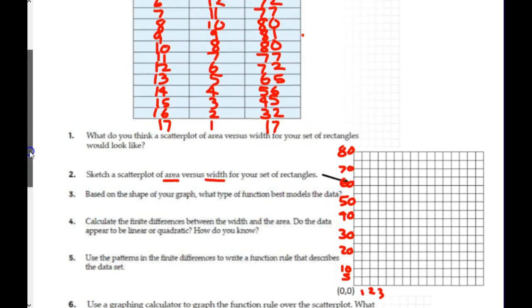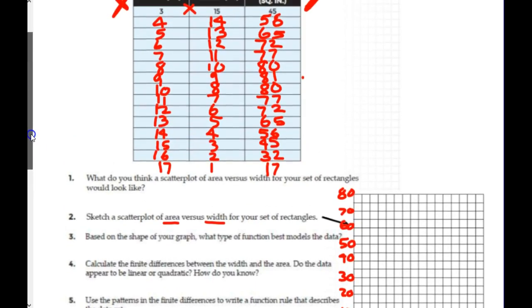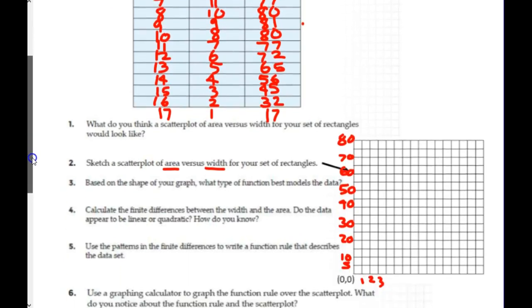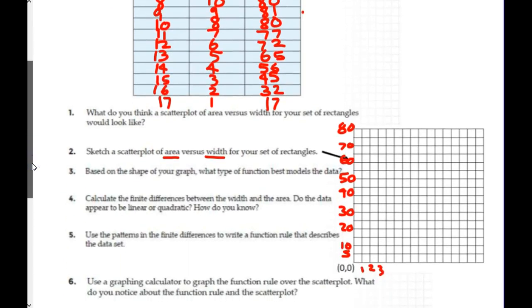Let's do it. Scatter plot. So 3 will give me an area of 45. So everybody, find 3 on the x, find 45 on the y, give it a little plot. Everyone's plotting 3, 45.